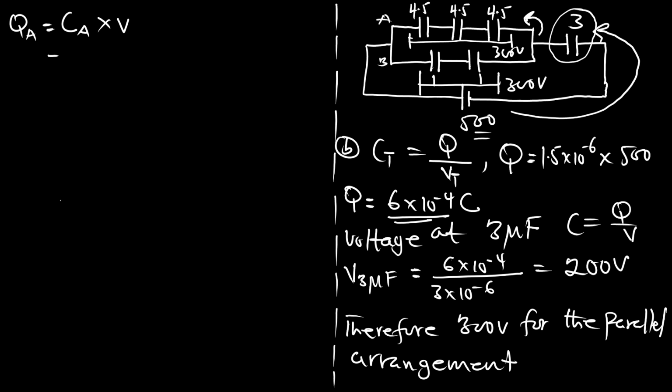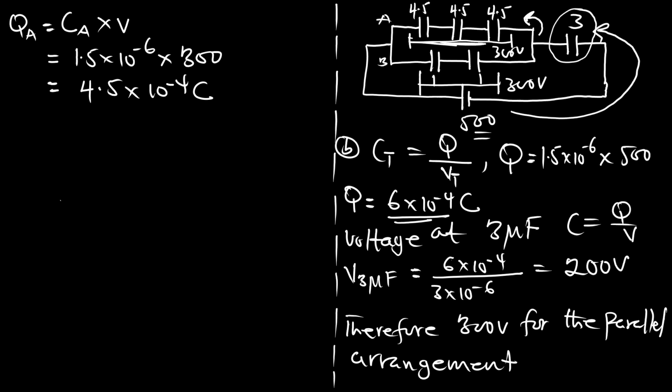At the A section, the total capacitance was 1.5 microfarad, which is 1.5 times 10 to the power -6, and our voltage is 300. So at the A section, the charge is 4.5 times 10 to the power -4 coulomb. So each 4.5 microfarad capacitor at the A section is experiencing a charge of 4.5 times 10 to the power -4 coulomb.